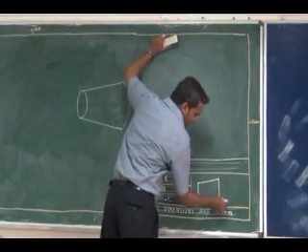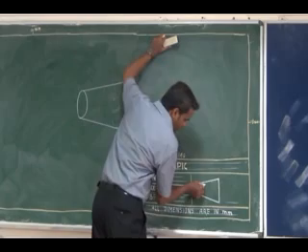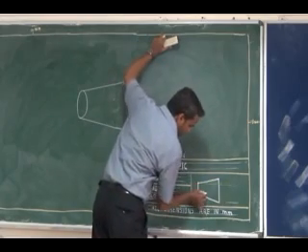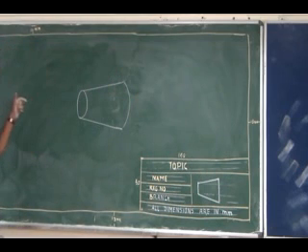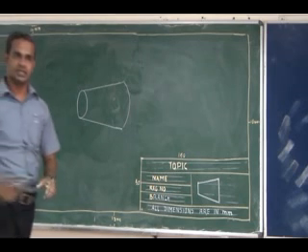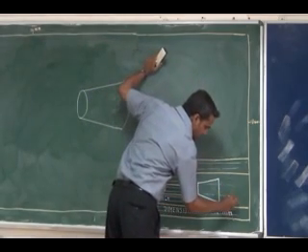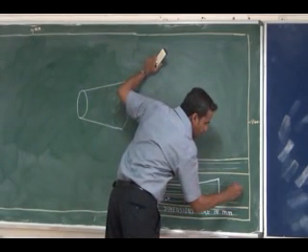Now the side view of the cone I can draw. In the side view, if I look from this side, what can I see? 2 circles. This frustum of a cone, if I look from this side, I can see 2 circles. These 2 circles will be shown.